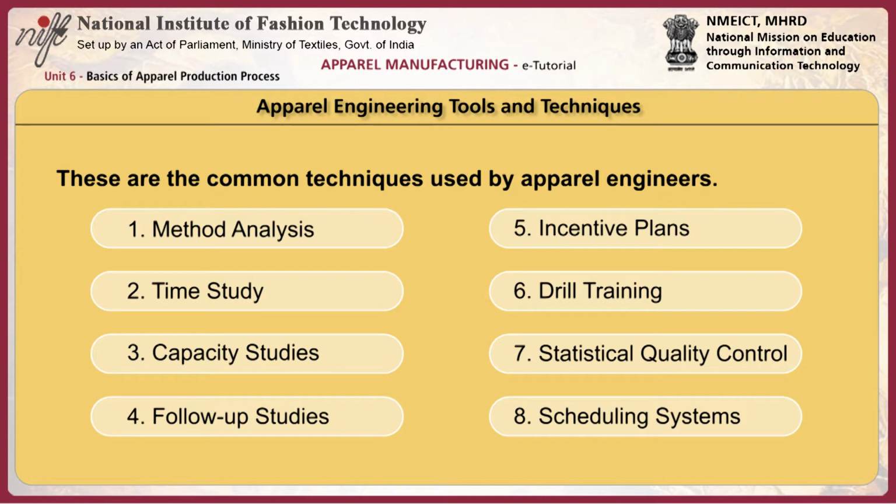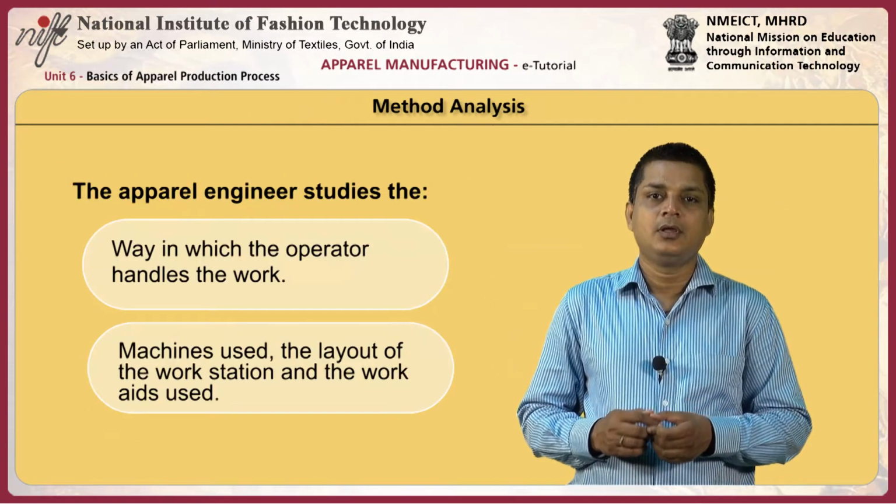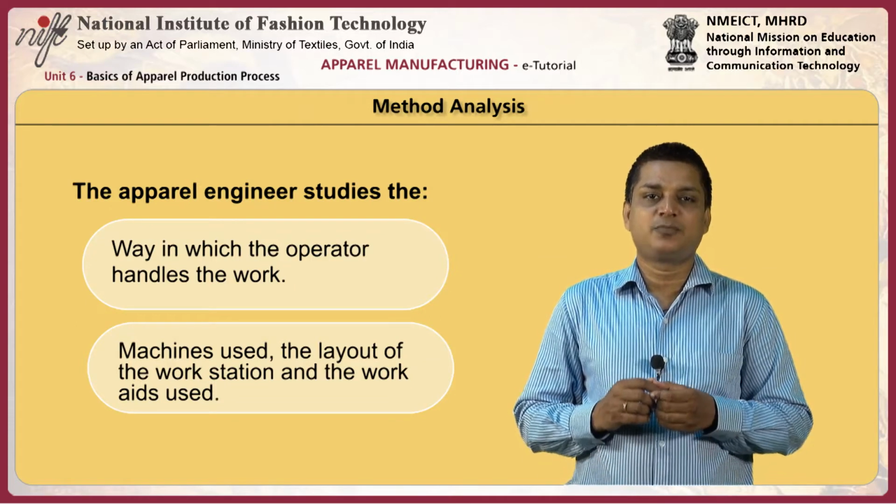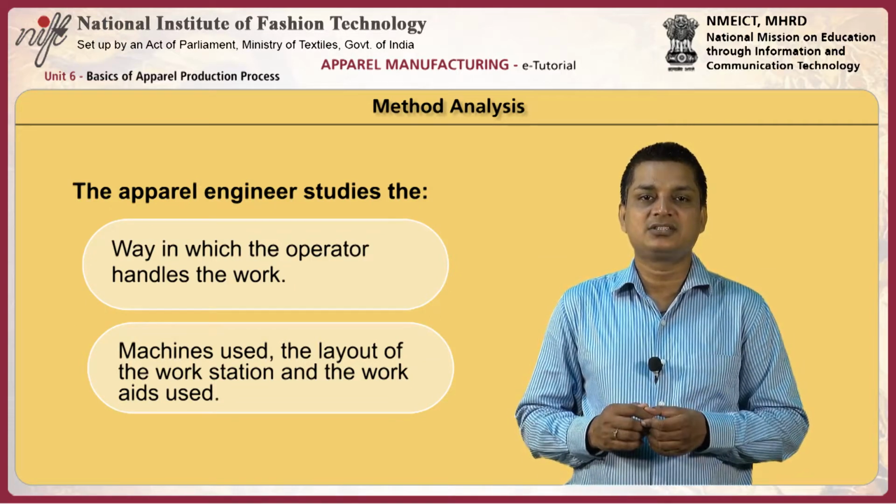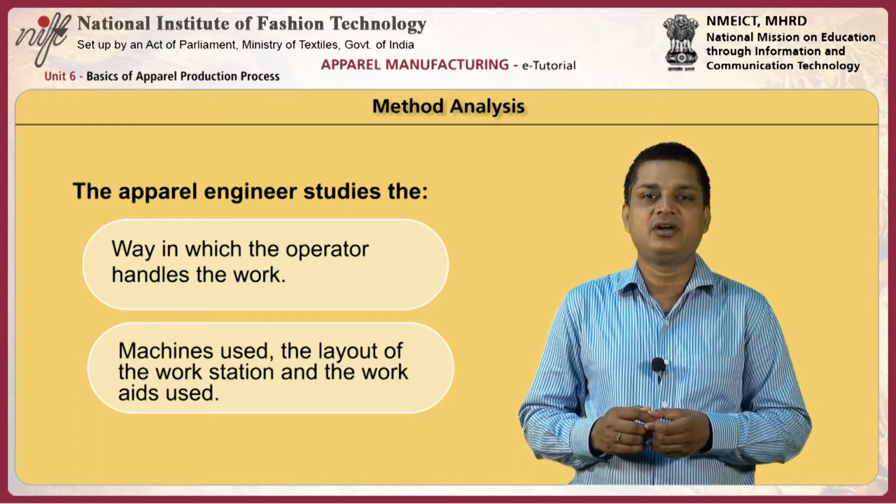These include method analysis, time study, capacity study, follow-up studies, incentive plans, drilling training, statistical quality control and scheduling systems. A method analysis is the procedure of studying methods used to determine the best way of doing a job.